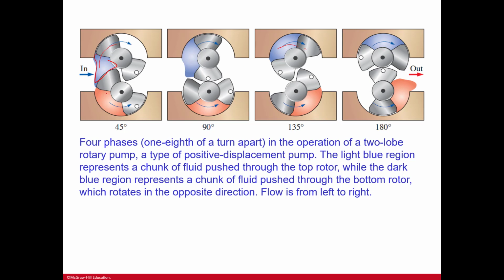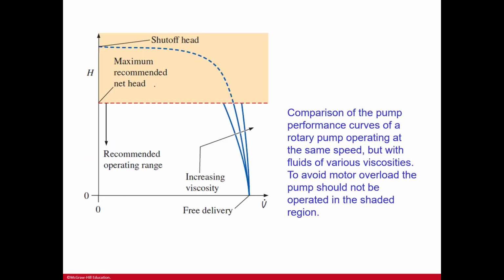While this orange is going in the opposite direction. Here is a comparison of pump performance curves for a rotary pump operating at the same speed, but with fluids of various viscosities. To avoid motor overload, the pump should not be operated in the shaded region.